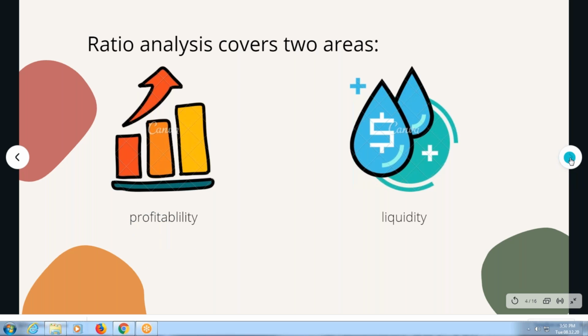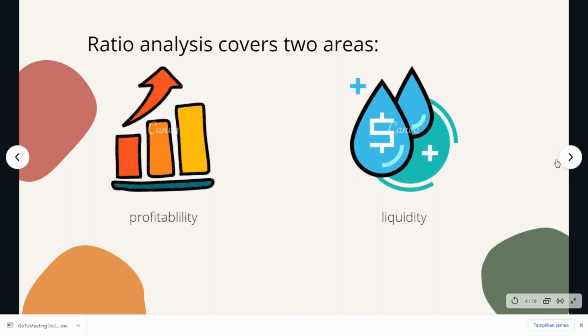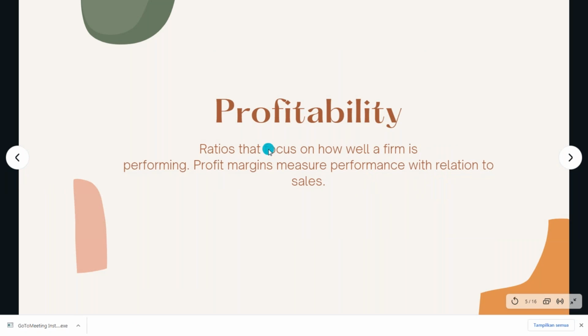Profit is to make our business profitable. So profitability is the ratio that focuses on how well a firm or a business is performing. Profit margins measure performance in relation to sales. So we will compare the profit with the sales or revenue.